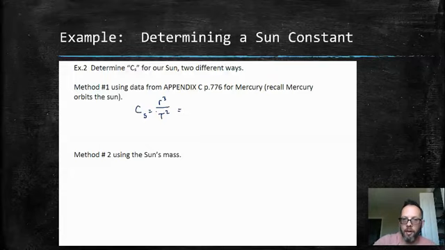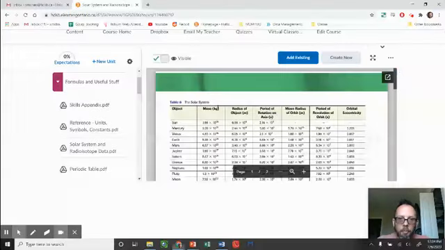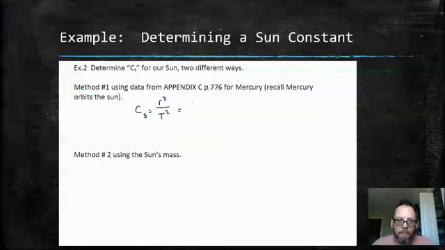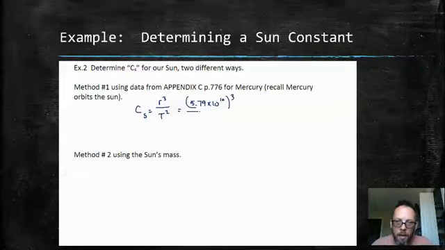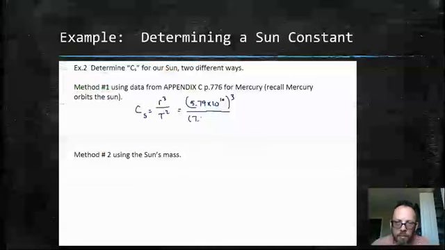To find the Kepler sun constant this way, you need the data of something orbiting that sun, and Mercury will do just fine. For Mercury, the mean radius of orbit is 5.79 times 10 to the 10, and we'll be cubing that. And the period of revolution for Mercury is 7.6 times 10 to the 6.